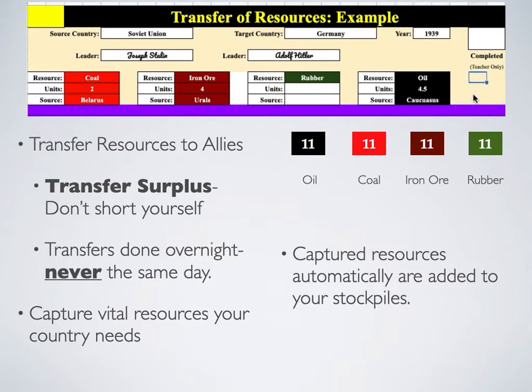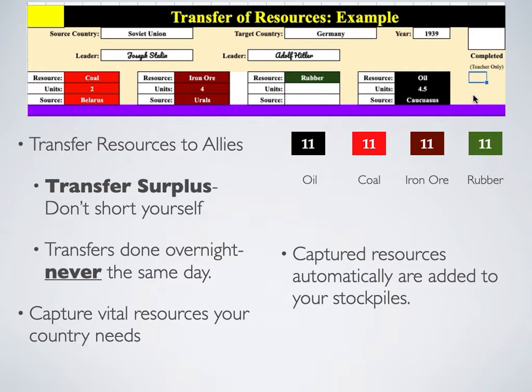And that's how you do a transfer of resources, and remember that will go into effect the next day. So if you transfer that stuff in 1939, it would be ready in your storage depots by 1940 at the start of the game.